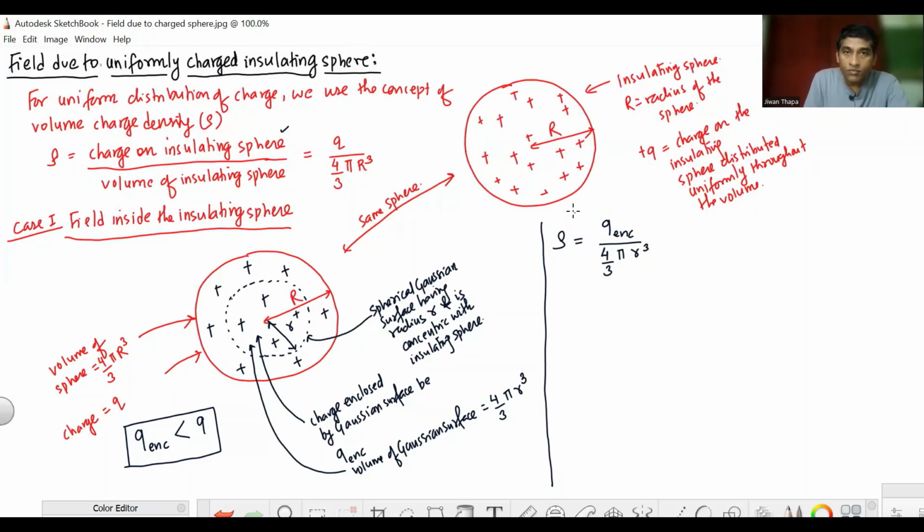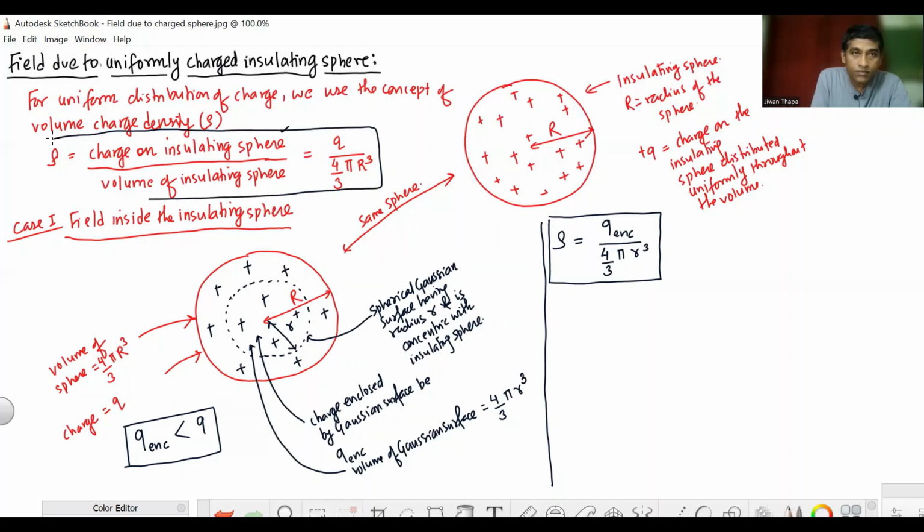Now we are going to equate these two. Let's call the first equation 1 and this one equation 2.